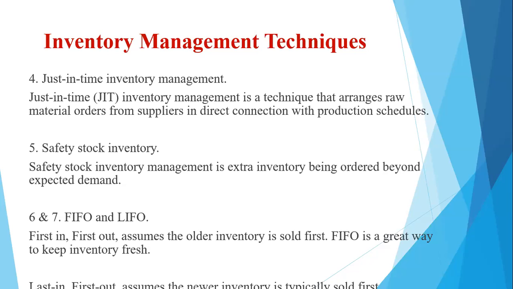So the production schedules are looked into first, and you identify the suppliers on such basis that if the production schedule requires the introduction of the raw materials in, say, 5 hours or 10 hours, then accordingly the order will be placed with the supplier so that it arrives just in time to be introduced in the production processes.